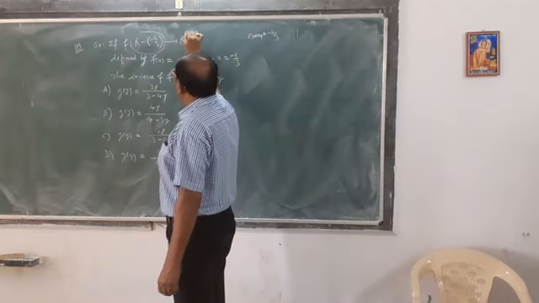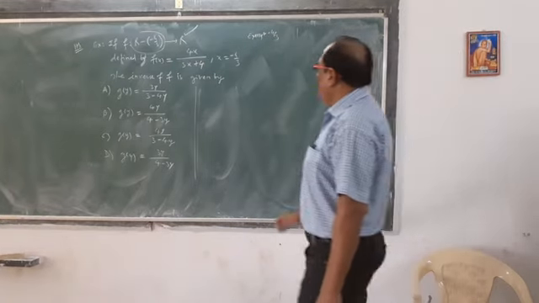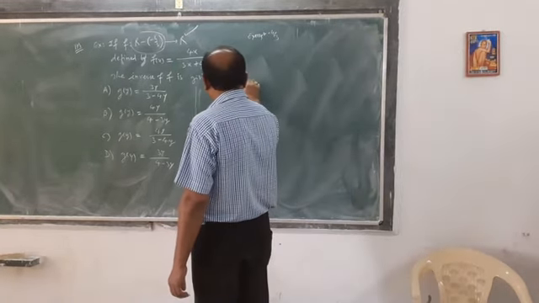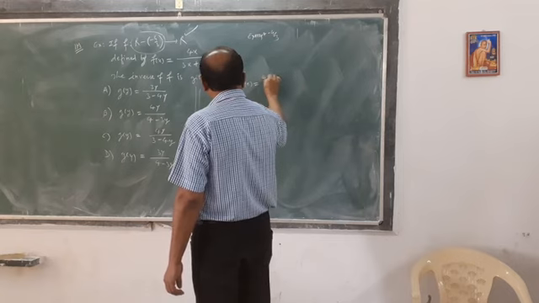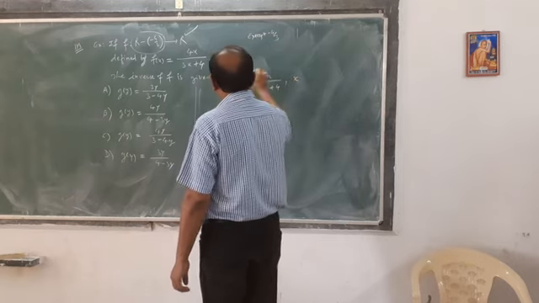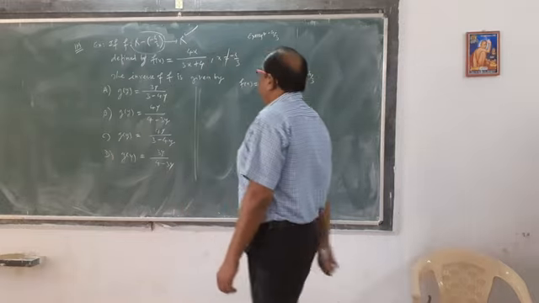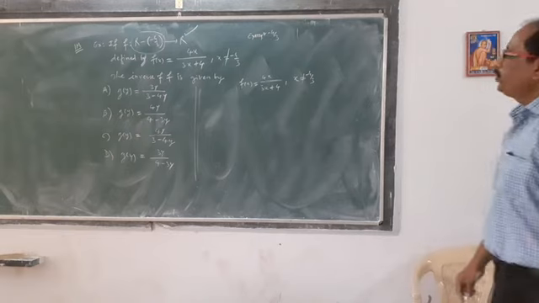The codomain is the set of real numbers, defined by f of x is equal to 4x upon 3x plus 4. x should not be equal to minus 4 by 3.